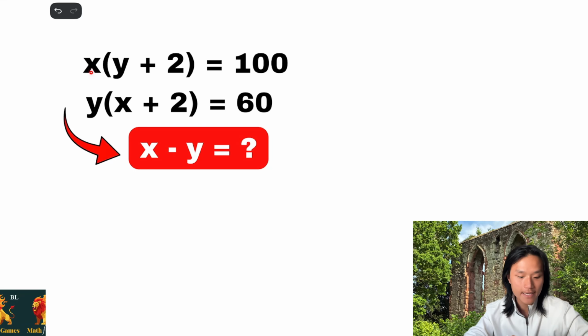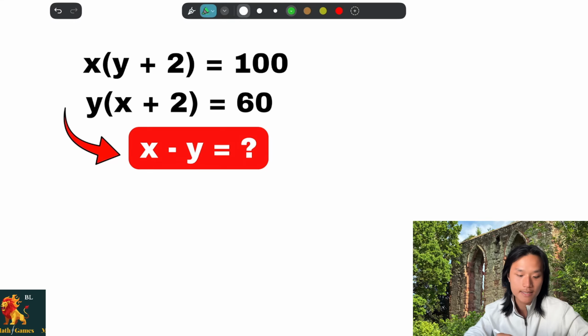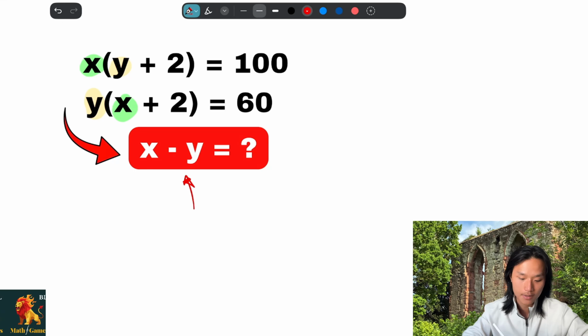Today I want to solve this algebra challenge with you. We have x multiplied by (y + 2) equals 800, and y multiplied by (x + 2) equals 60. So this is a system of simultaneous equations in two unknowns, x and y, and we want to find what x minus y is.